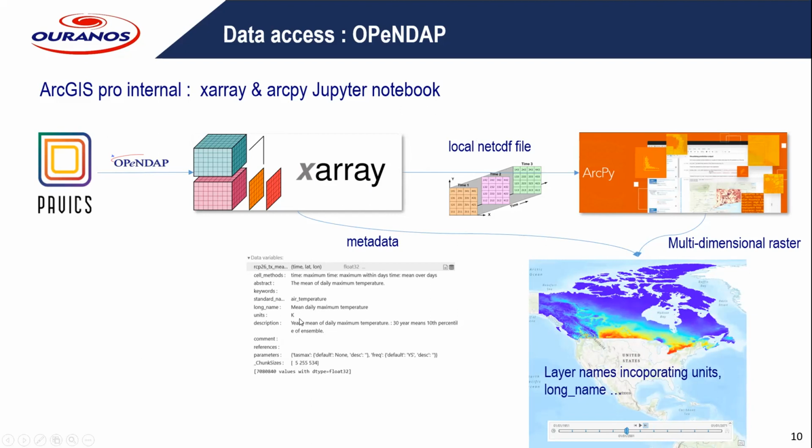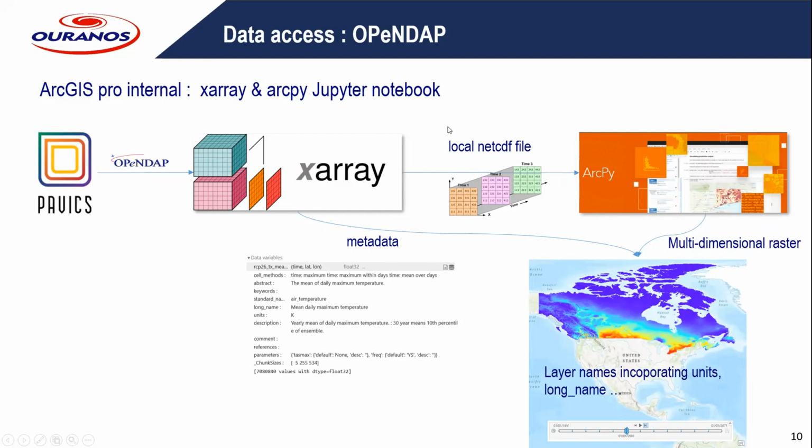to have access to all the key metadata attributes that you would normally find in a netCDF file. We then used Xarray to save the data to a local netCDF and sometimes to subset it as well. That's really to help us with the stability problems that we were having. And then this multidimensional raster layer creation is also available via the internal ArcPy library.